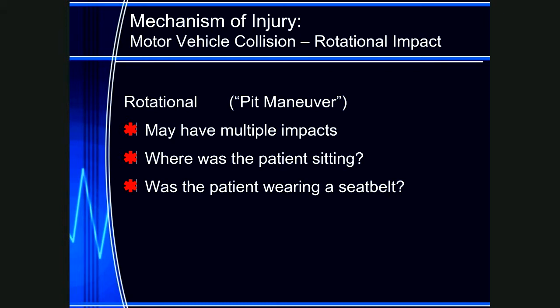Maybe the seat belt broke, maybe the seat back broke. And that rotational can be around upright on all four tires. It can be end over end over end over end, or it could be side rotational.